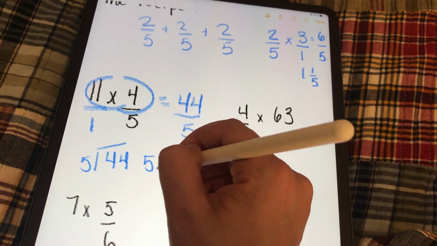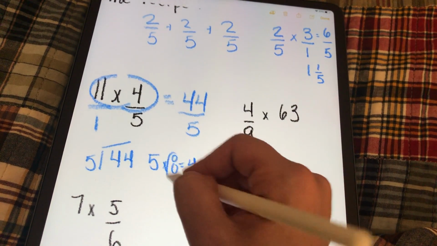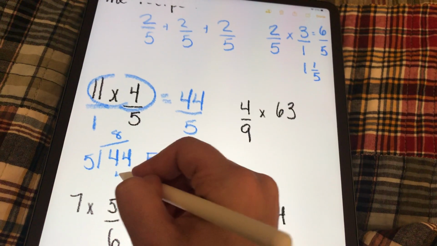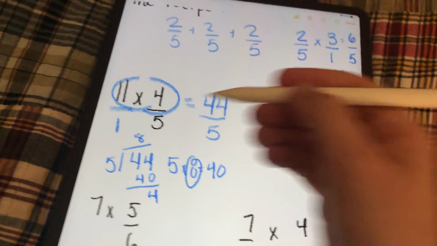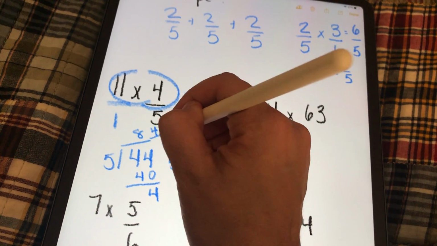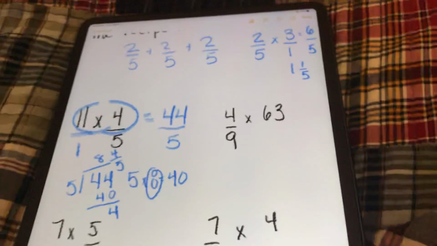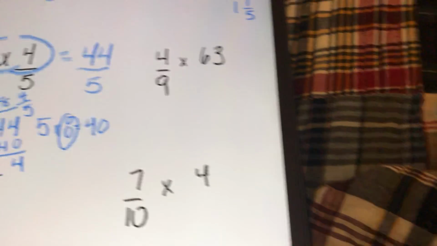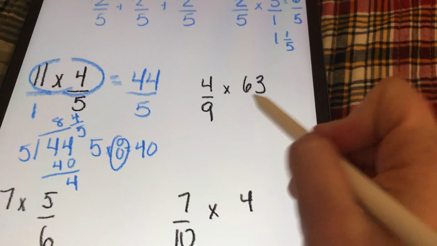I know that I can make 8 groups, because 8 times 5 is 40, and I would have 4 left over. So 8 and 4/5.